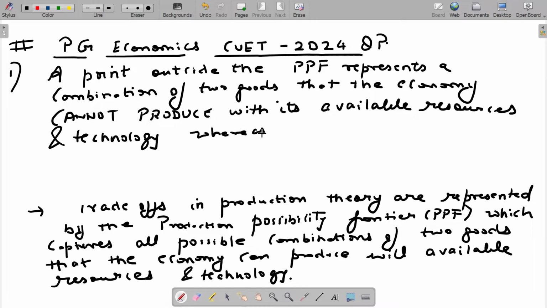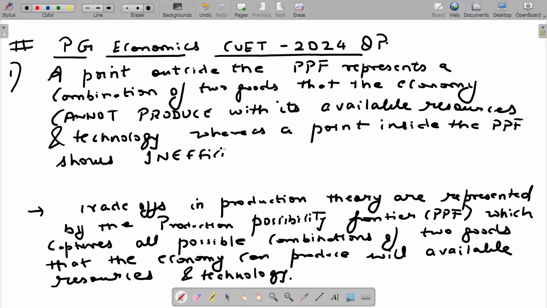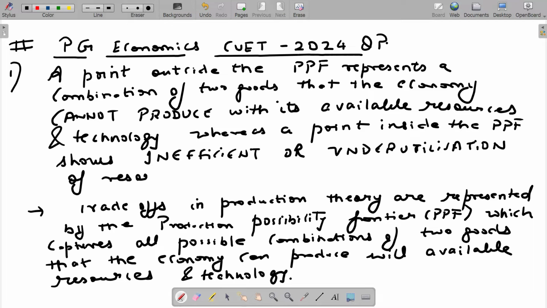Whereas a point inside the PPF shows inefficient or underutilization of resources. Inefficient means you're not employing resources with the least cost, or you're underutilizing them. You're not fully employing them. We have also done production possibility frontier in our introductory microeconomics course as well as at the high school level economics.